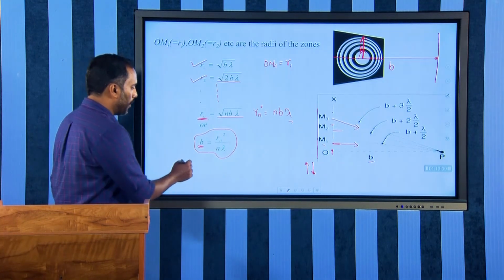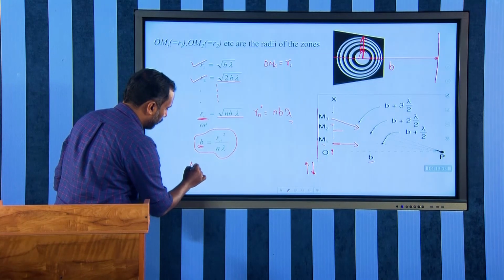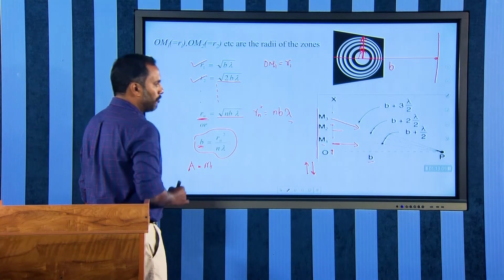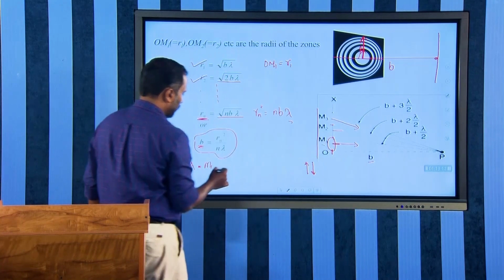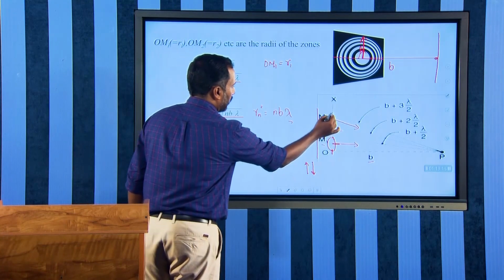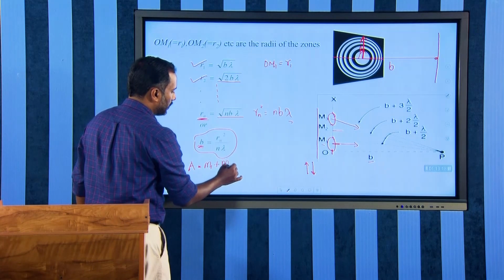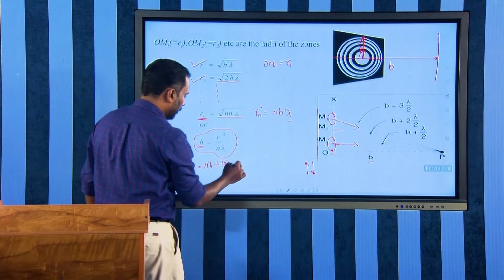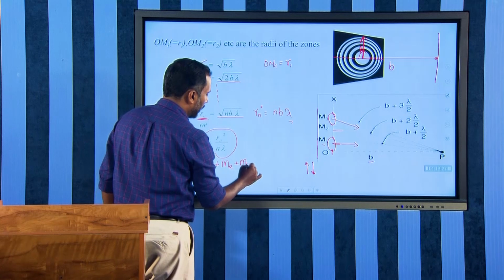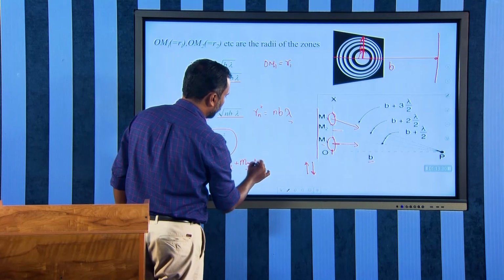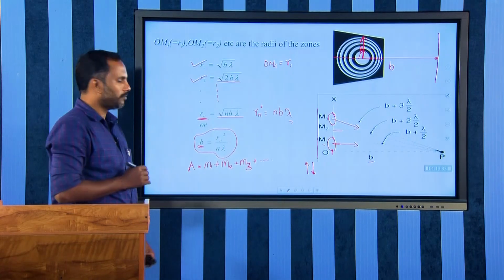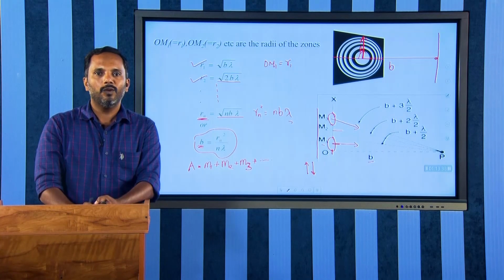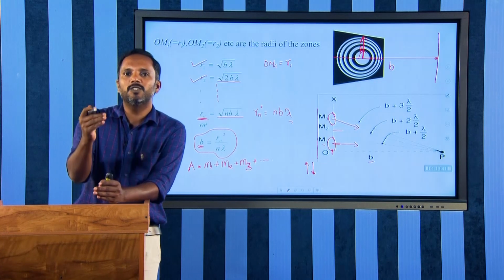Therefore, the net amplitude at point P is A equal to M1, the amplitude from this particular region, plus M2, the amplitude from this region, and we will have another odd region with the amplitude again in the same phase, let me take it as M3, and so on. So, all the amplitudes are getting added up. Now, this is something like the light is converging to a point P here.